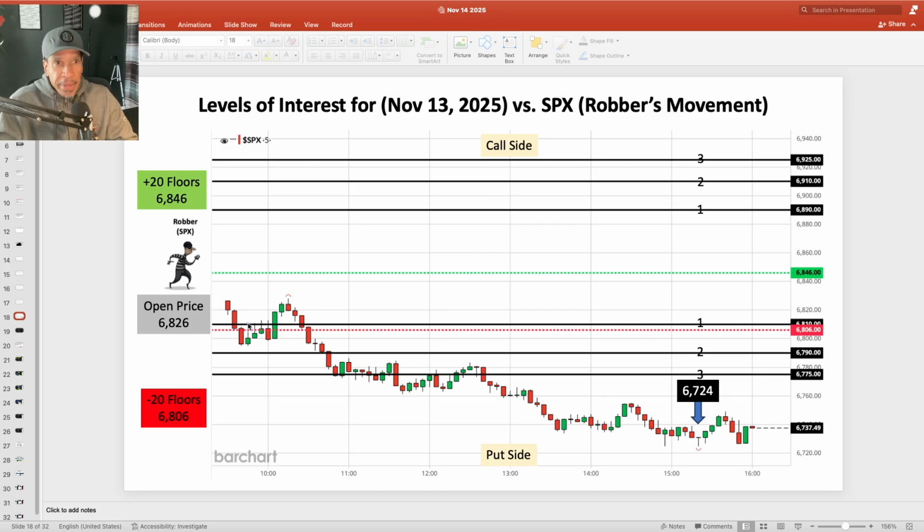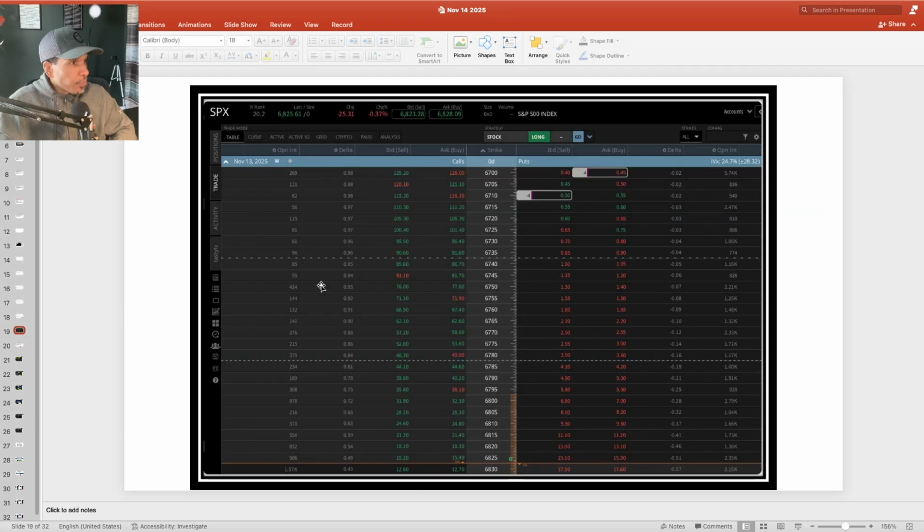And me not being patient, I decided to jump in at around this candle here, at around 10:05, 10:06 or so. I got into a trade and I placed my position on the put side because, again, the 20-point move, as you just saw, was made below the opening price.